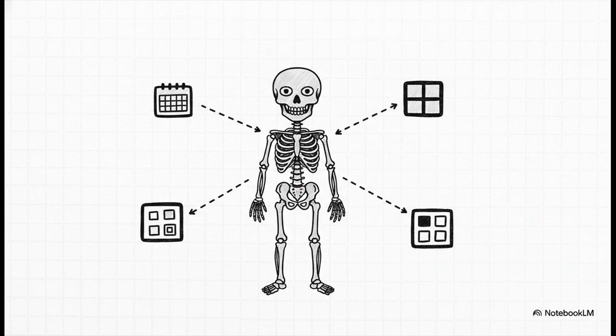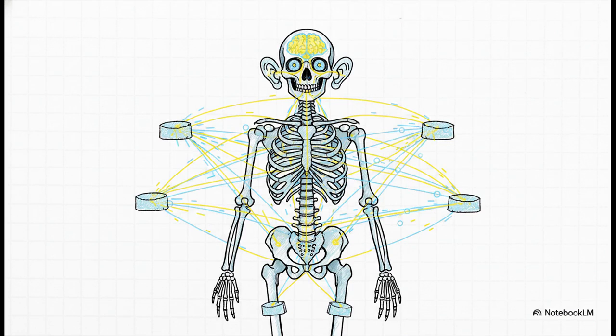We use dynamic views to create different ways of seeing and interacting with our data, like a calendar or a board, giving us the context we need to understand our work. We gave it eyes. And today, we did maybe the most important part. We built the nervous system. With Relations and Rollups, we created the pathways that allow signals, that's our data, to travel between the brain and the limbs, making the entire system come alive and react automatically.